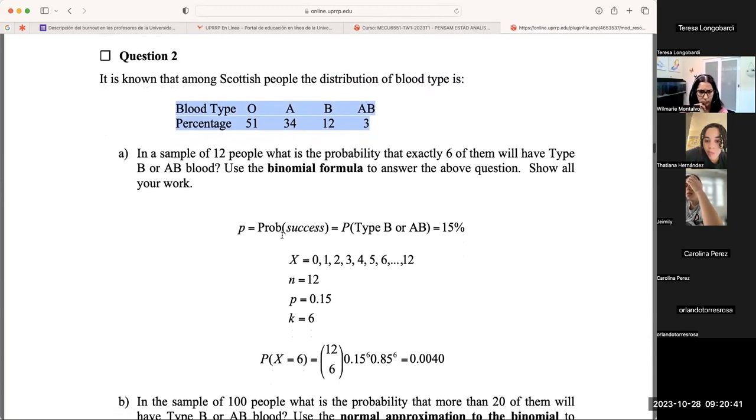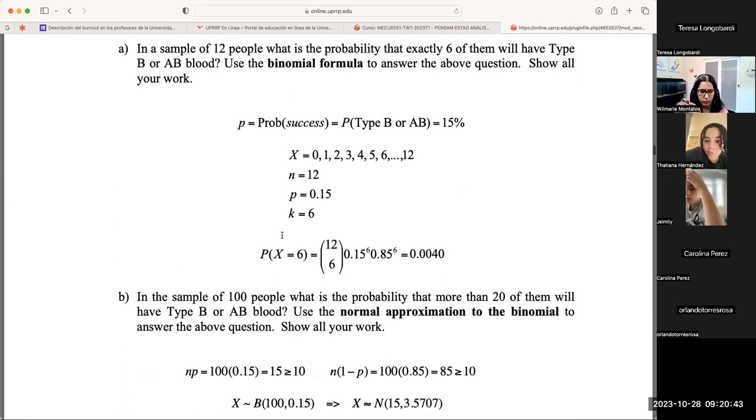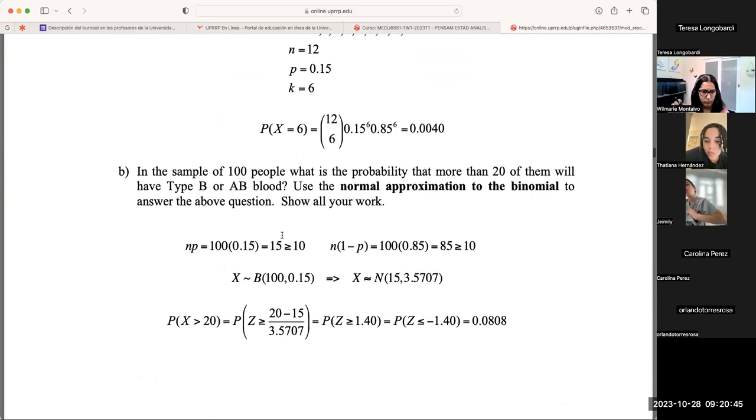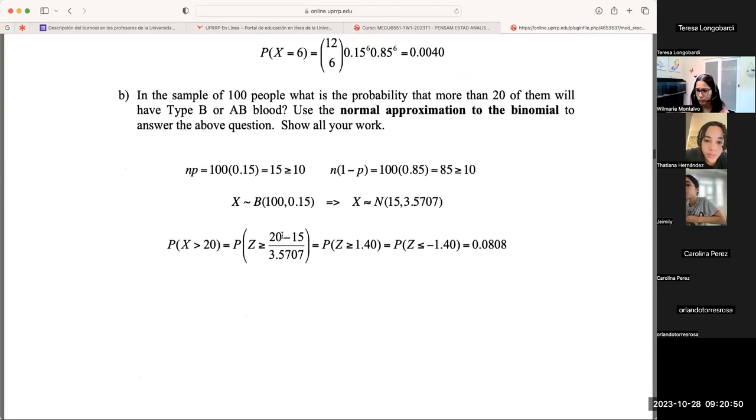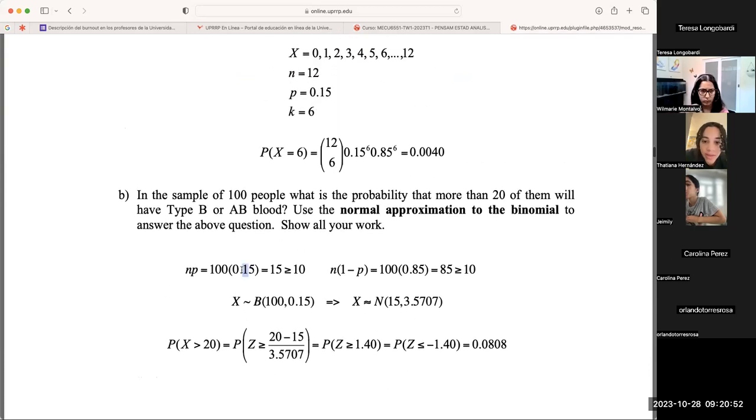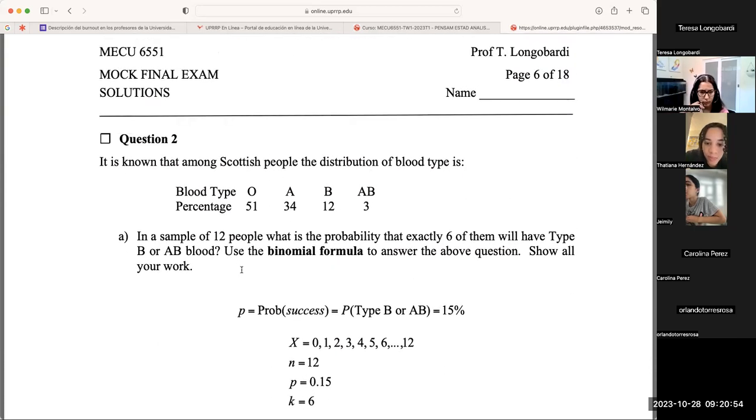So binomials, we find... where's the 15? It's here, right? Is this the 15? La 15, primera parte, ahí. Probabilidad de A o B. Yeah. So probability A or B. I'll tell you what it is.